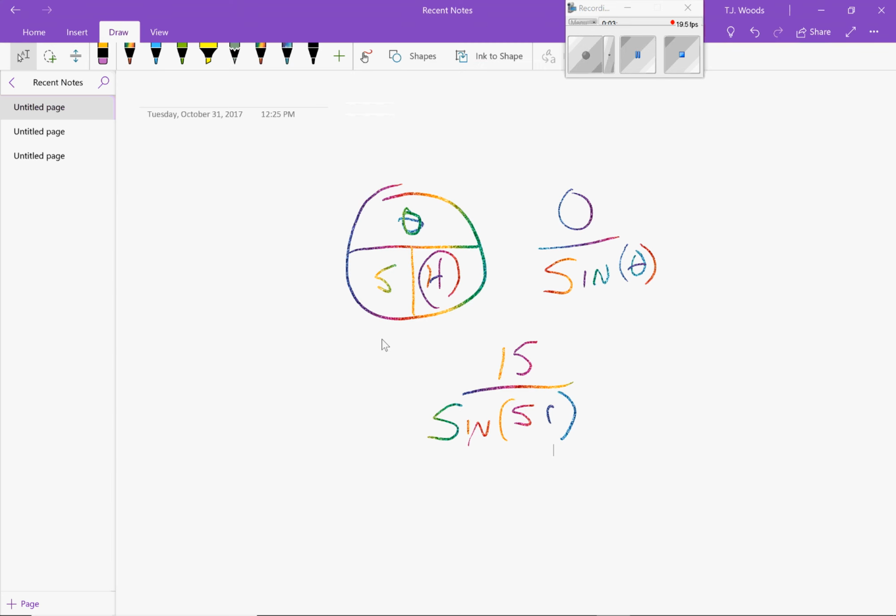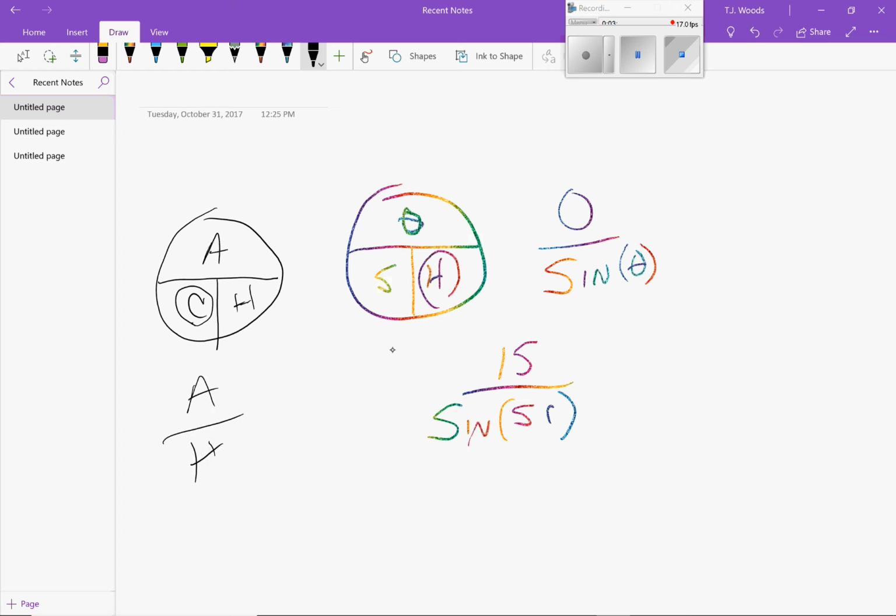I'm going to change my color to black here. So that circle is going to be A over C times H. So to find the cosine, I'm going to take A divided by H. Sorry about the penmanship.